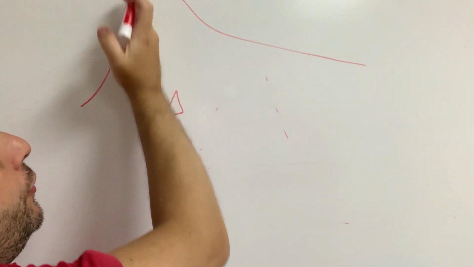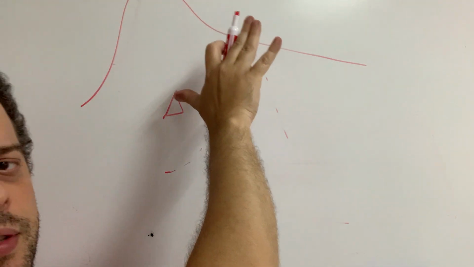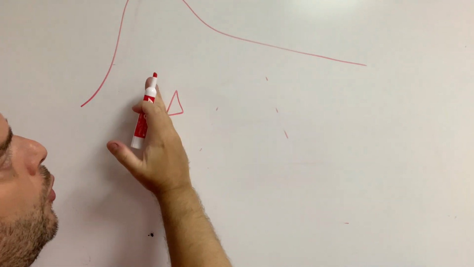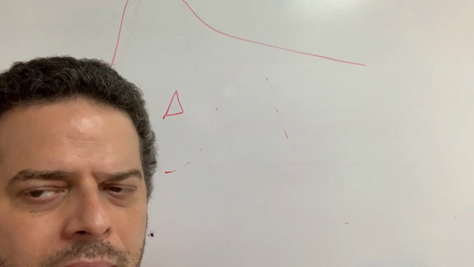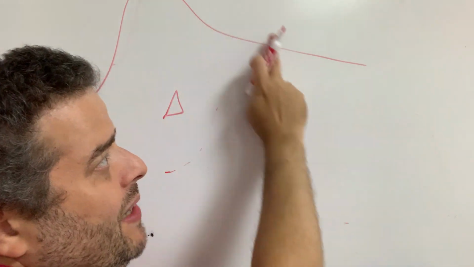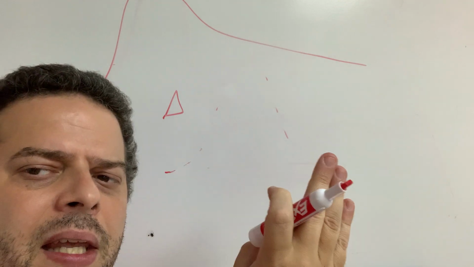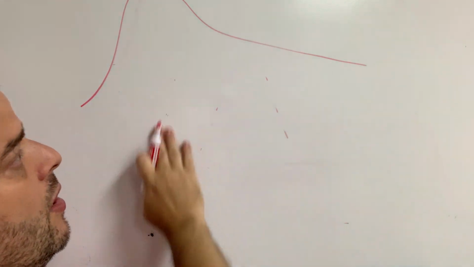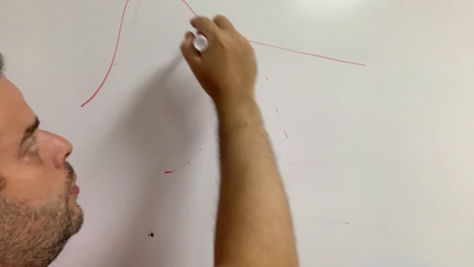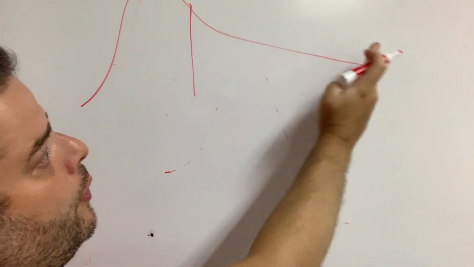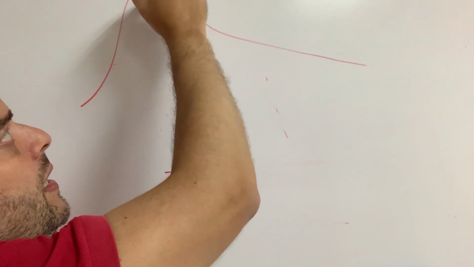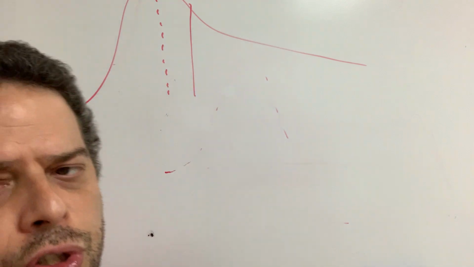It can't be right at the peak either, because then I would tilt towards the left. So it is slightly to the right of the peak. Remember, extreme values pull the mean in that direction, but the median is resistant to that change. So every time I have a skew, the mean will be pulled in that direction, but the median will stay closer to the peak.